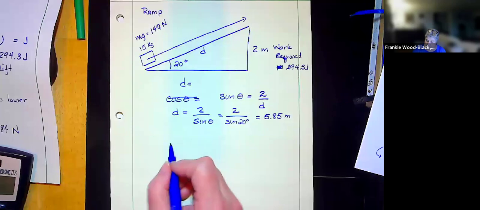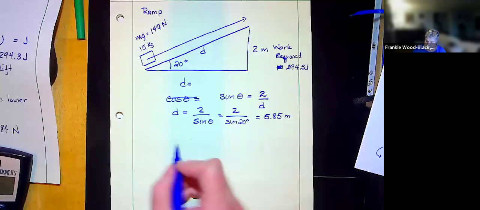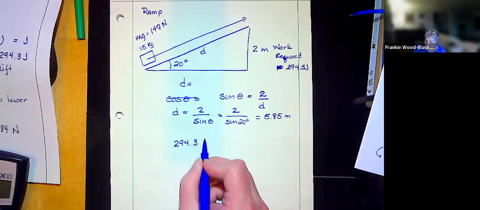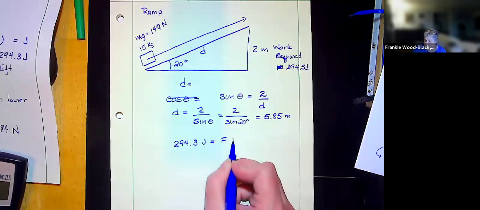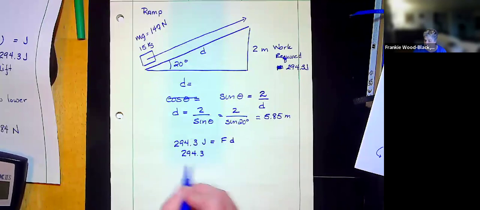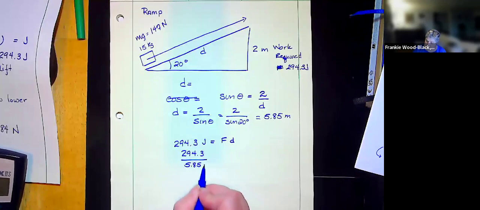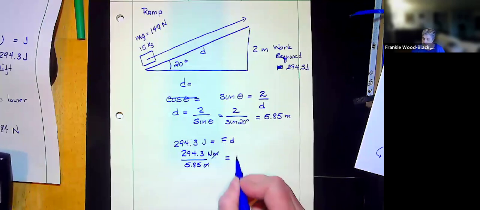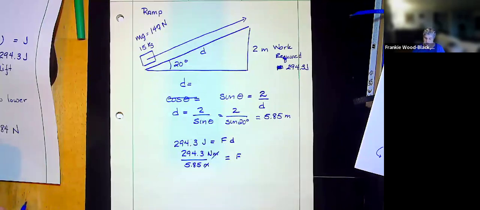Well, this is going to be my force, but my 294.3 joules is going to be the force times my distance. My distance now, because I'm using my ramp, is going to be 5.85 meters. So that's Newton meters. Let's cancel. This is my new force.